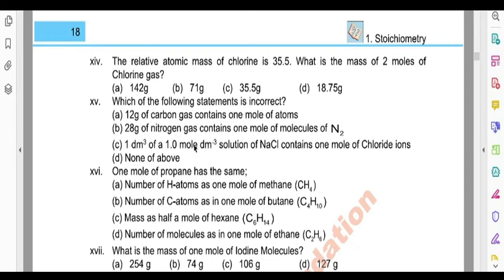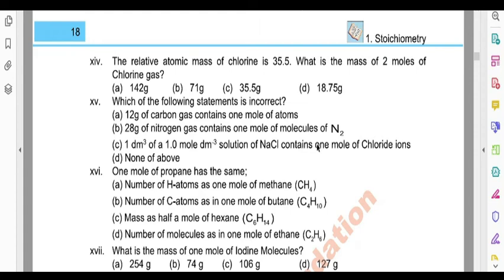So 1 dm cube of 1 mole per dm cube solution of sodium chloride will have 1 mole of chloride ions and 1 mole of sodium. So this is also correct. So which means none of the above statements is incorrect. All of them are correct because 12 grams of carbon is 1 mole of atoms, 28 grams of nitrogen gas is equal to 1 mole of nitrogen molecules.